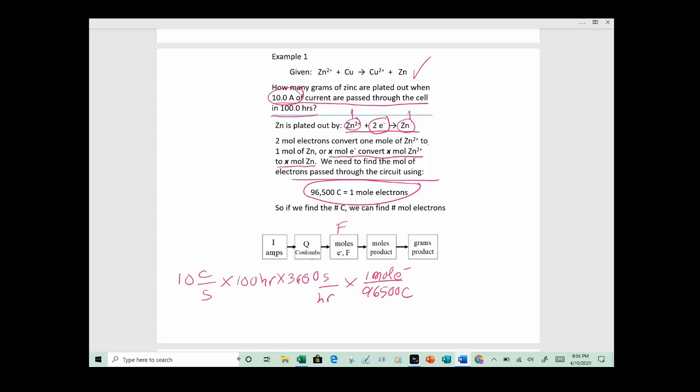That'll tell us the number of moles of electrons. And from our equation up here, we know that 1 mole of zinc is produced from 2 moles of electrons. And then we look up the atomic weight of zinc and multiply to get the mass of zinc plated out.